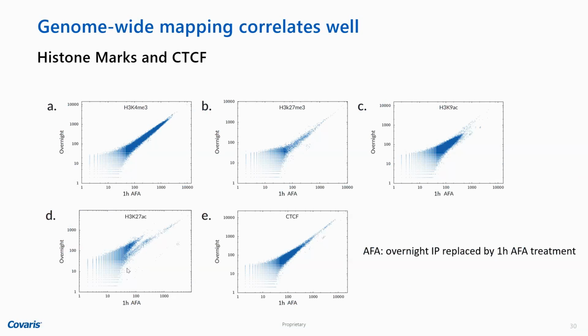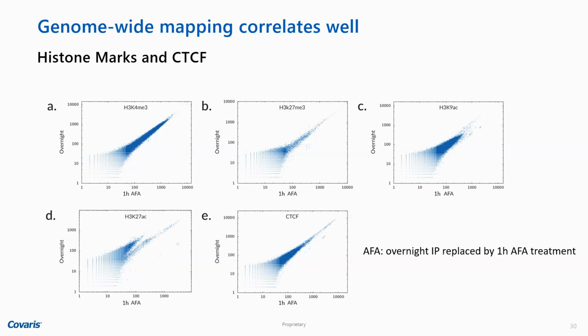The only mark that doesn't look very good yet, and we are working on that, is the K27 acetylation mark. So we see that the data don't correlate 100%, meaning that we might have to prolong the AFA treatment to maybe 1.5, 2 hours and see whether this is looking better.